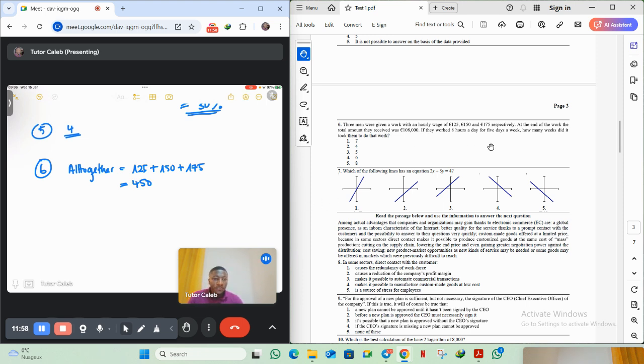Now, this is the amount they make an hour, of course. If they were paid 108,000, we can therefore calculate the number of hours they have been working. And from there, we can obtain the number of weeks. So to get the number of hours they work altogether, it will give you 108,000 over 450.